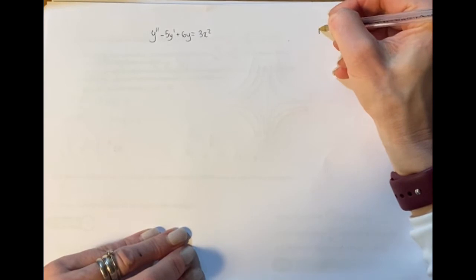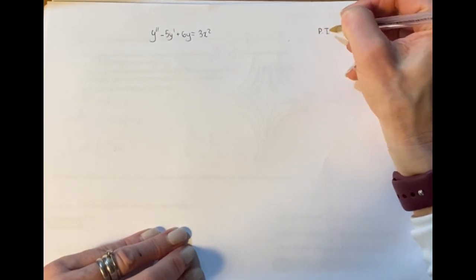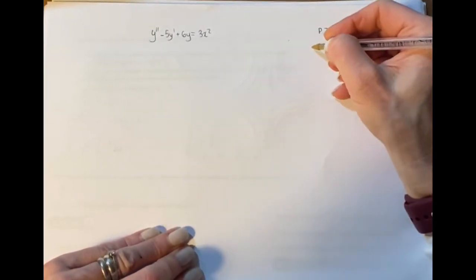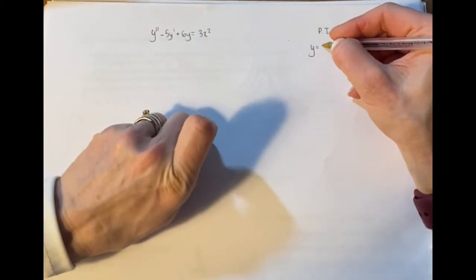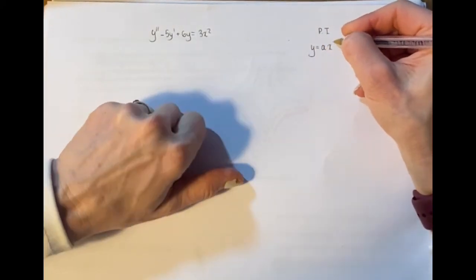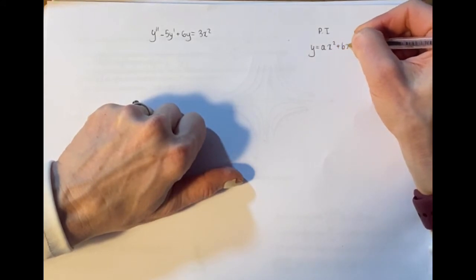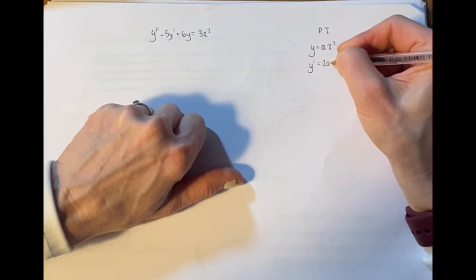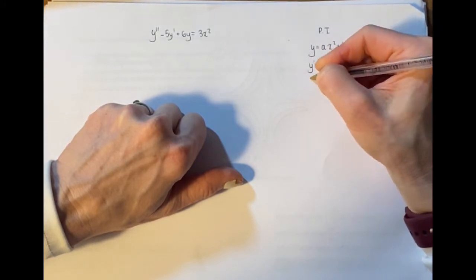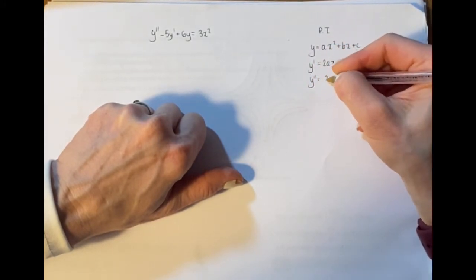For the work on the particular integral, which very often I do on the right hand side, we're going to try y equals, since it's a quadratic, the full quadratic, ax squared plus bx plus c. Differentiate it once to obtain 2ax plus b, and the second derivative, 2a.